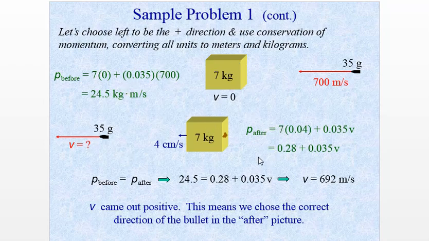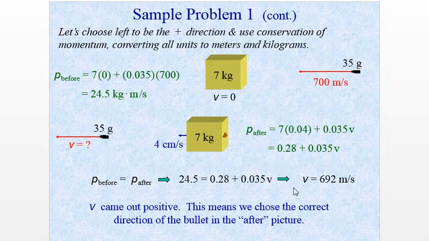Now we calculate momentum after the crash. After the crash, we have the new equation. Momentum is equal to 0.28 plus 0.035 times speed, and then we can equate momentum before the crash and momentum after the crash, like this.